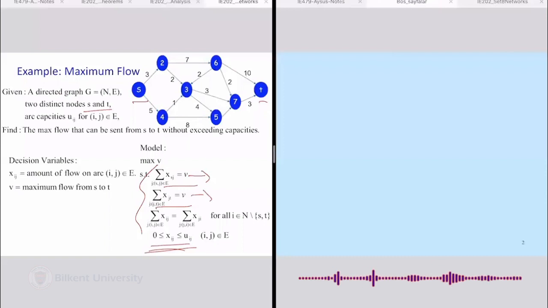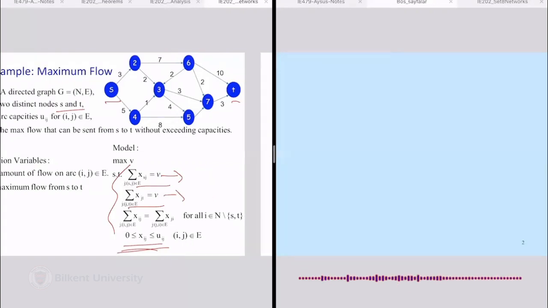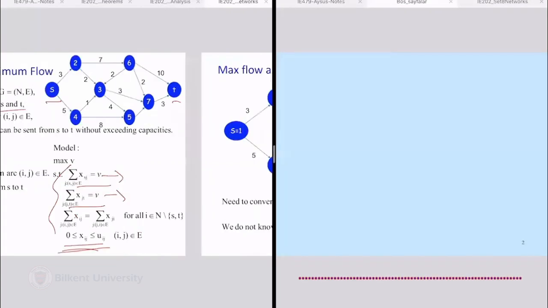So how can I convert this so that in the converted model, I solve MCNFP, and at the end, I actually find the maximum flow from S to T? This is a little more challenging than shortest path or assignment, right? Because the objective is different. And there are no costs in the original formulation. I need to come up with those this time. Let's see how it works. Okay.